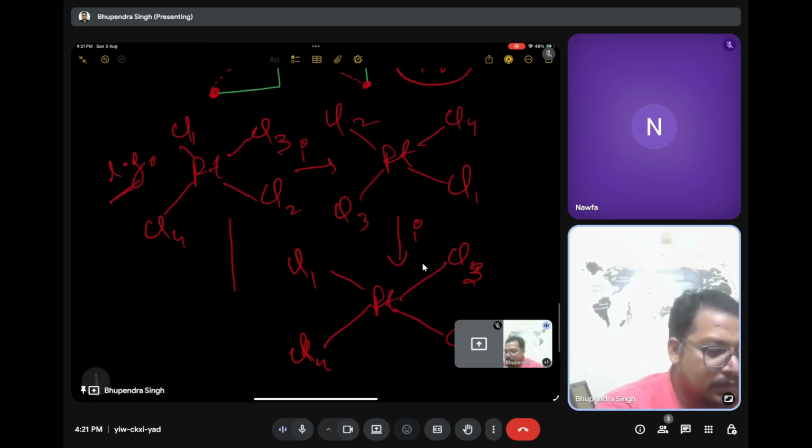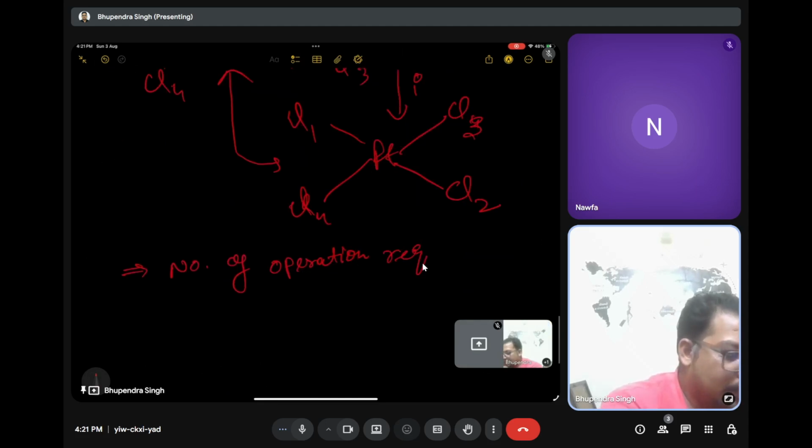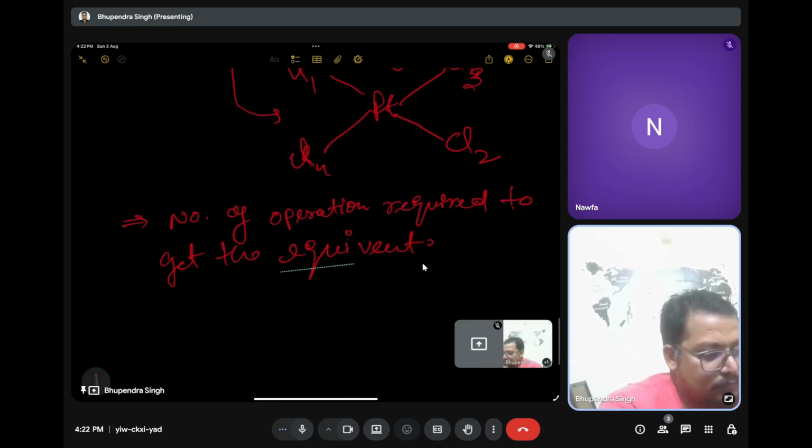These two are equivalent. So the number of operations required to get the equivalent structure is 2.